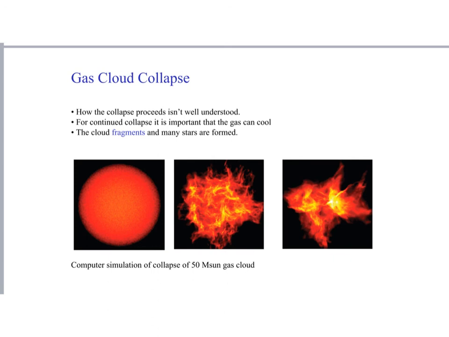And of course, we also have some computer simulations. And while the exact details of the gravitational collapse that gives birth to stars are not very well understood, we do have a pretty good idea, right?